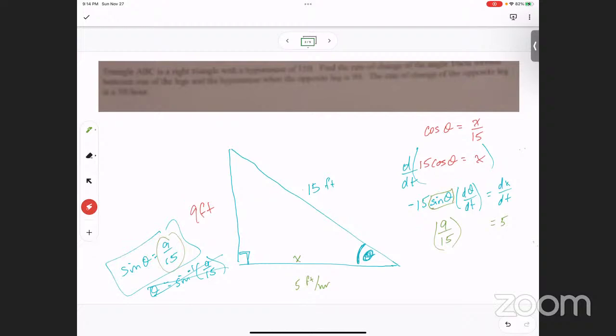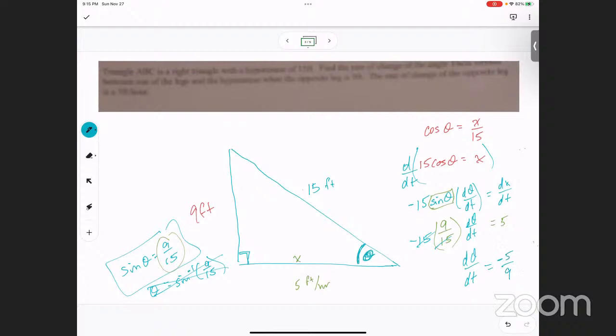I'm 98% sure that this is correct, now that I know what the question said. So there's negative 15, and this is d theta over dt. Those cancel out. You get negative d theta over dt equals negative 5/9.